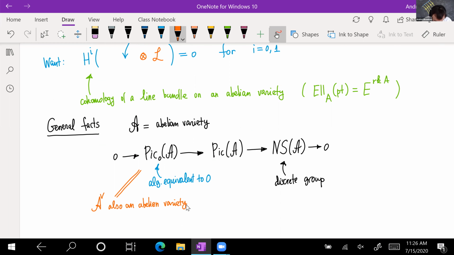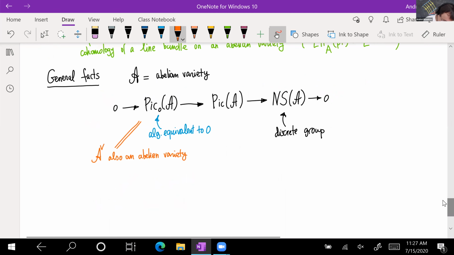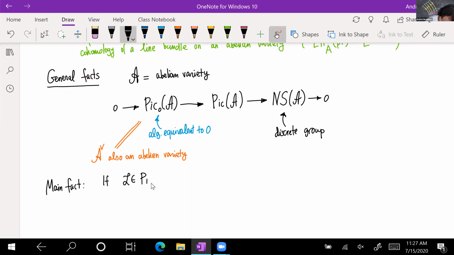And the main result about cohomology of line bundles, main fact, is that if you have a line bundle of degree 0, and it's not trivial, so Pic^0 consists of all line bundles that can be put in an algebraic family, one of whose fibers is the trivial line bundle.